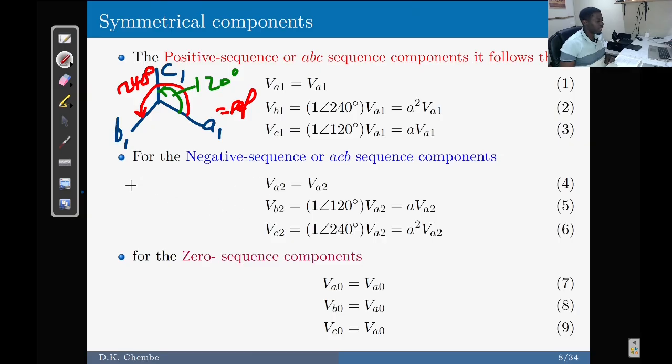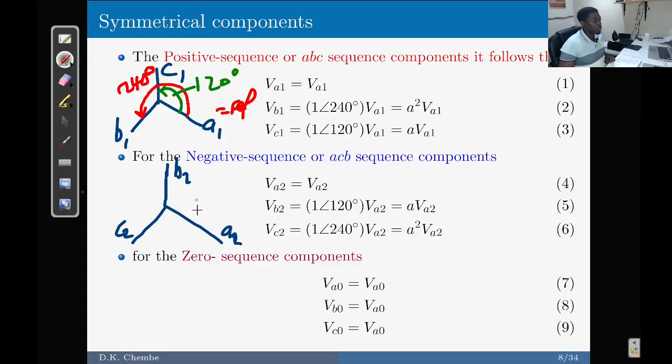When we get to the negative sequence, we've got the opposite happening. So if we take A2 as the reference phasor, what you have here is B2 and C2.